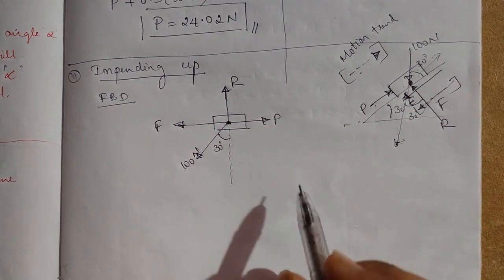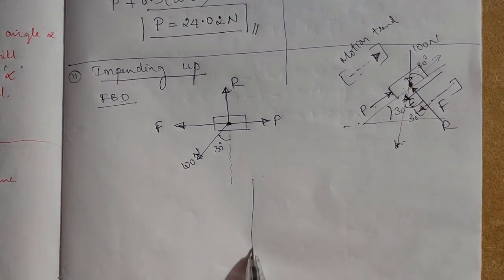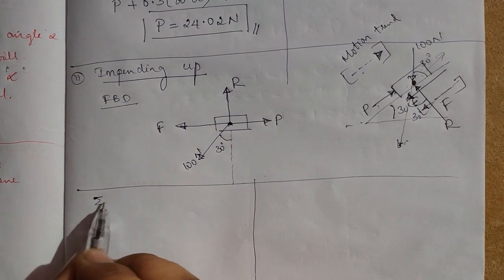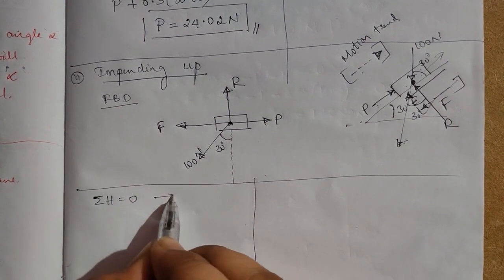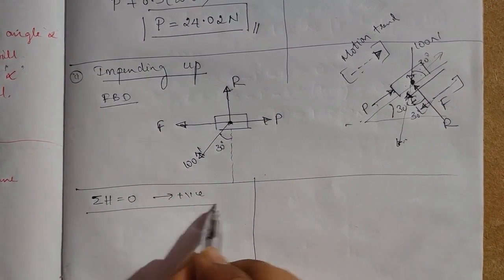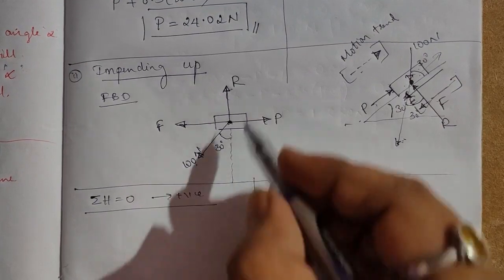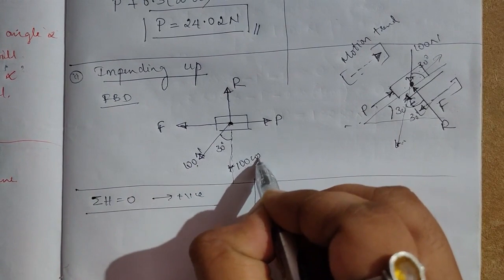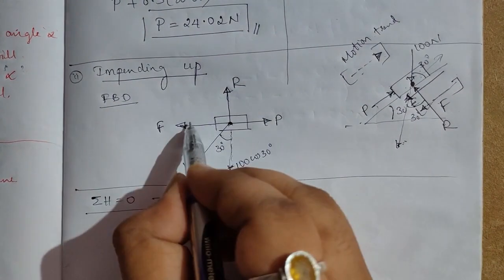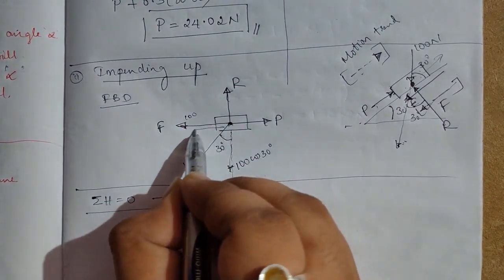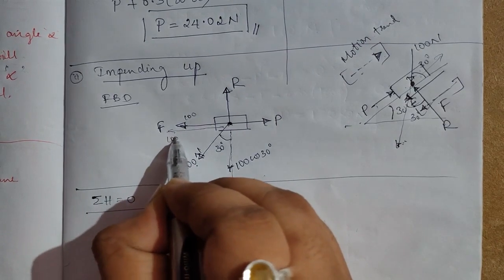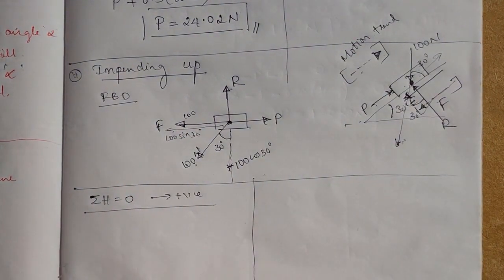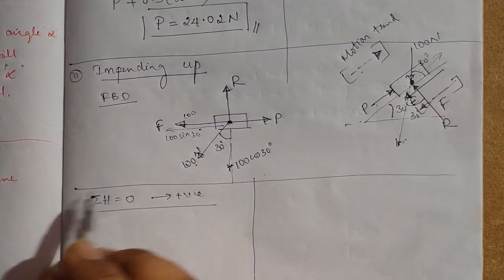Now same, resolve: sigma H equal to 0, taking left to right as positive. This 100 Newton, what will be the vertical component? 100 cos 30 degree, and another force will be there, that is 100 sin 30 degree. So take all the horizontal forces now.